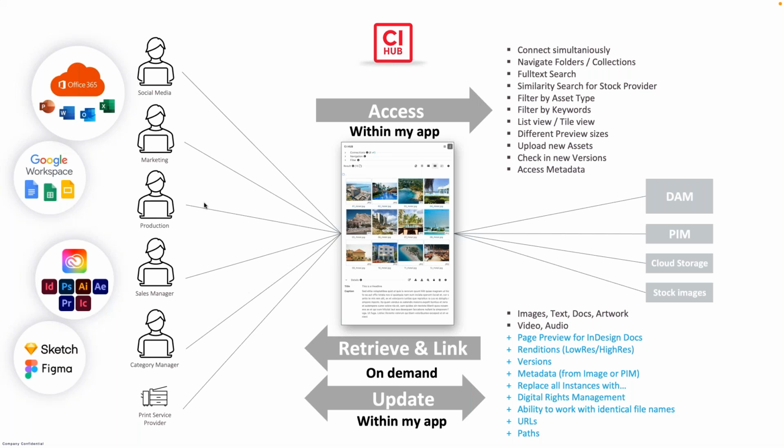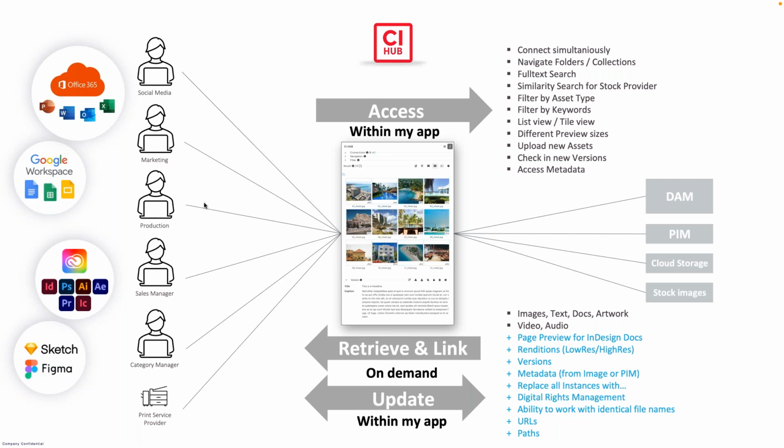Here's a list of all the different functionalities, and one thing you saw in the presentation also: the CIHub plugin not just makes the functionalities available that are in your connected system, we also add functionality to make it more comfortable and easy to work with these assets.